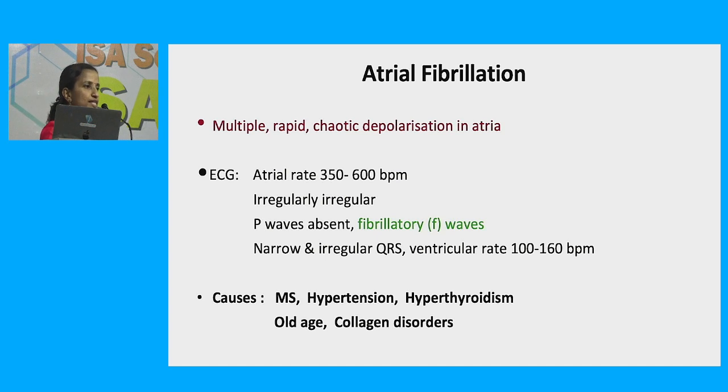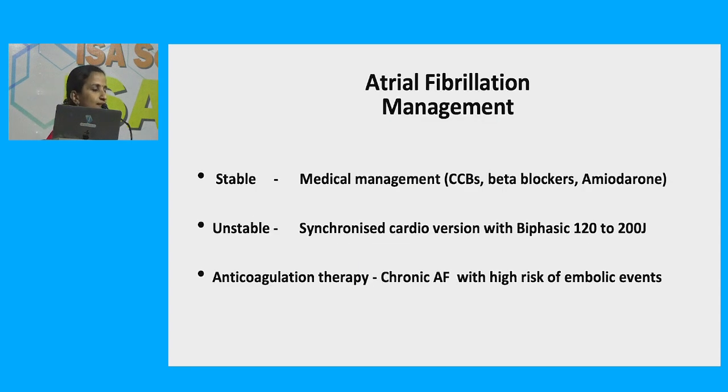So, management of atrial fibrillation. If the patient is stable, we can do medical management with calcium channel blockers, beta blockers, or amiodarone. If the patient is hemodynamically unstable, we can do synchronized cardioversion with biphasic 120 to 200 joule. And if the patient has chronic AF with high risk of embolic events, we have to start anticoagulation therapy.